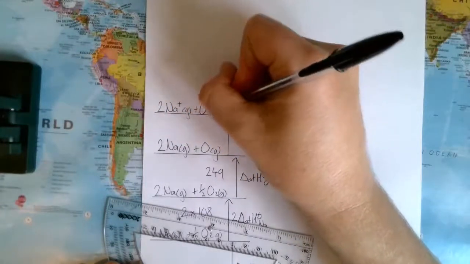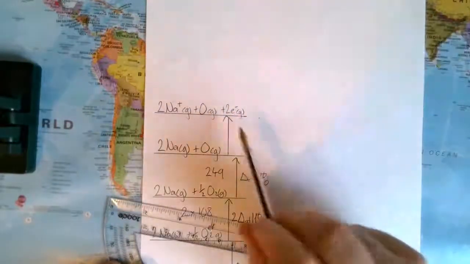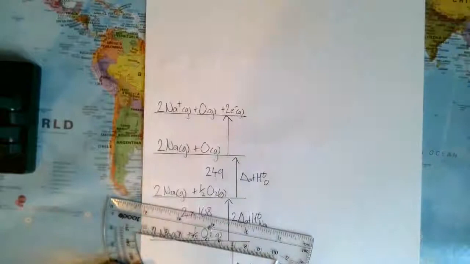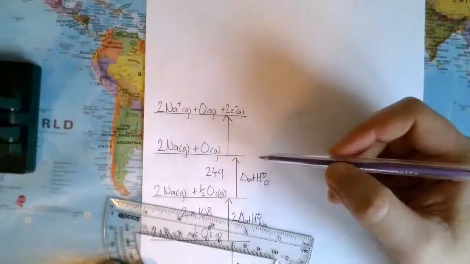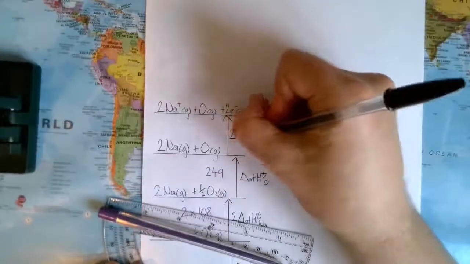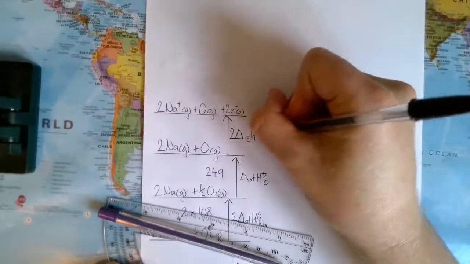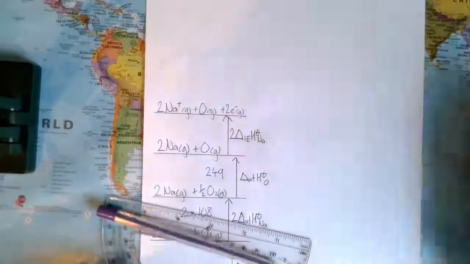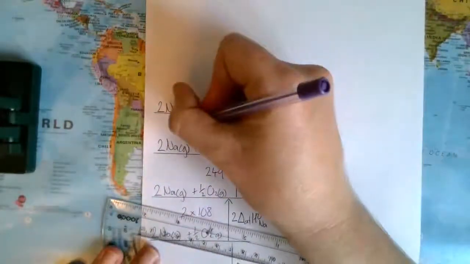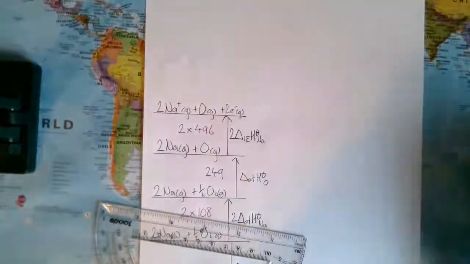We've still got our 1 mole of oxygen, but don't forget to add in these 2 moles of gaseous electrons. I kept saying the number 2, so hopefully you've spotted that what we've done here is 2 times the enthalpy change of ionization for sodium. The value given in the textbook is 496, so we're going to do that.